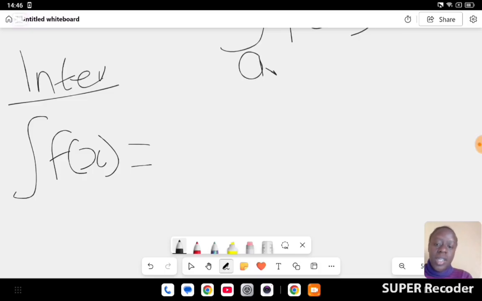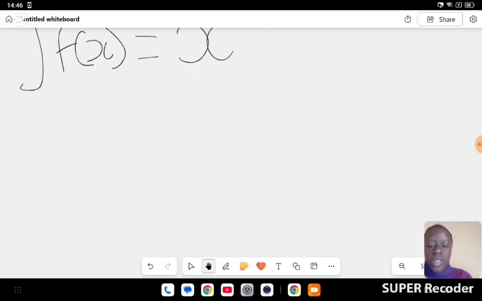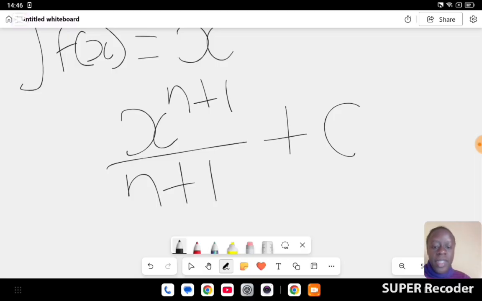Let's say it is like this, wherein we will be integrating this function. It will be x to the n plus 1 divided by n plus 1, plus c. That will be an integration.